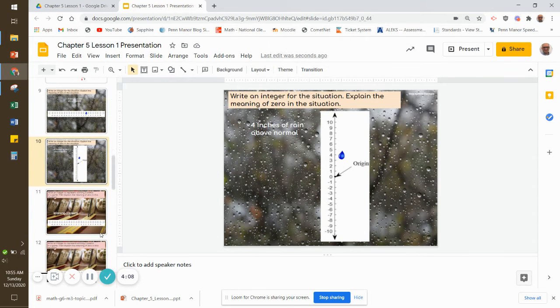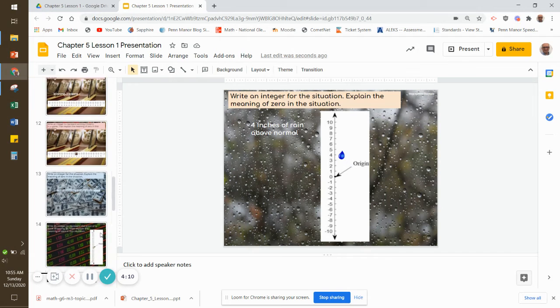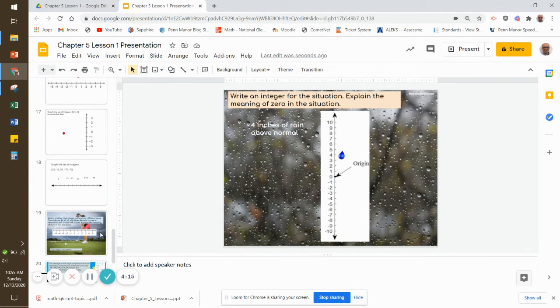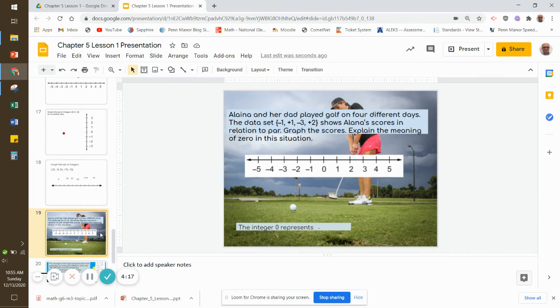One more example, let's get to our golf example. Here's a golf example. We have 2 people playing golf, and when you play golf, the course tells you about how many strokes it should take you to get the ball in the hole.